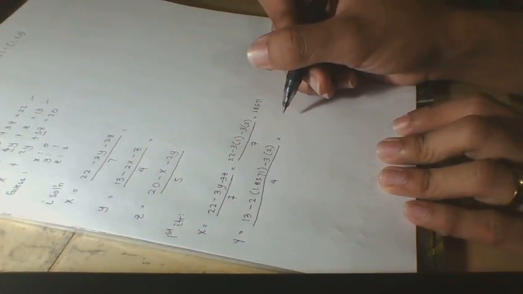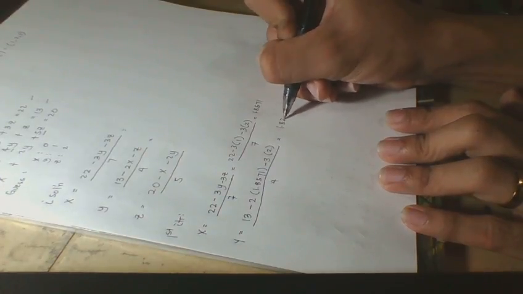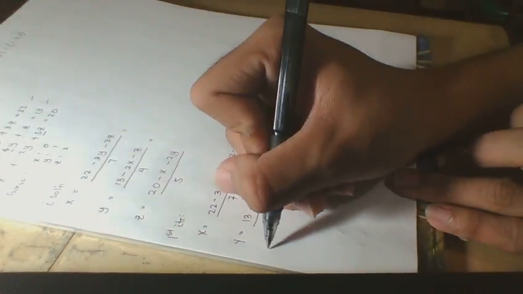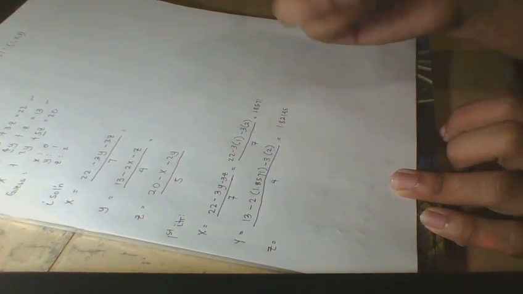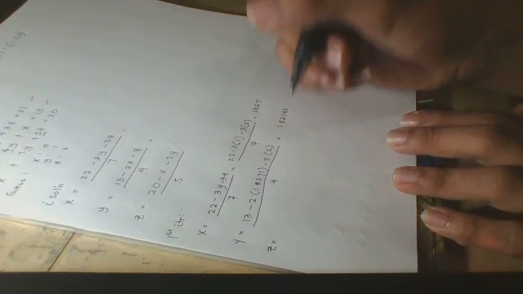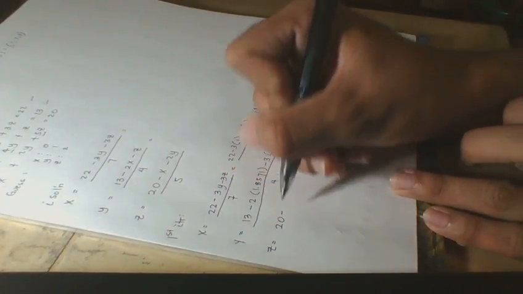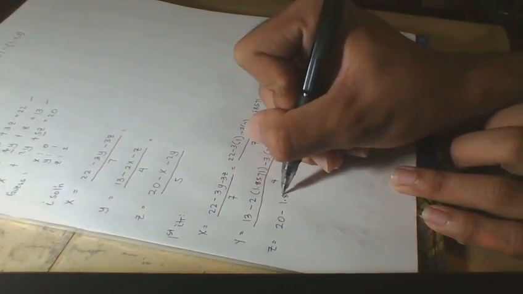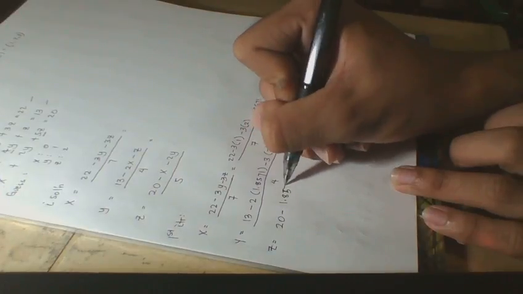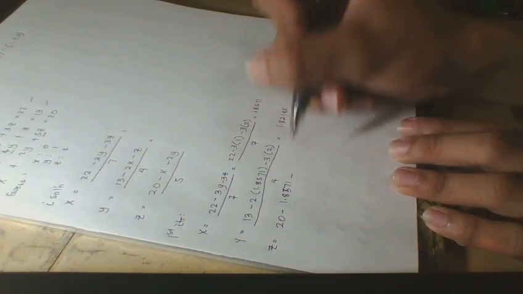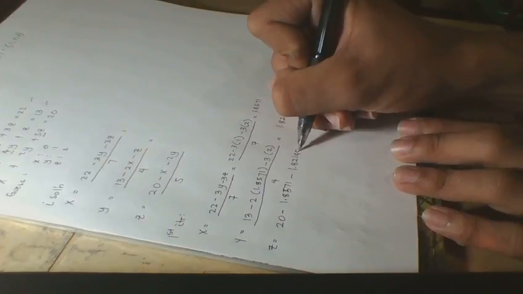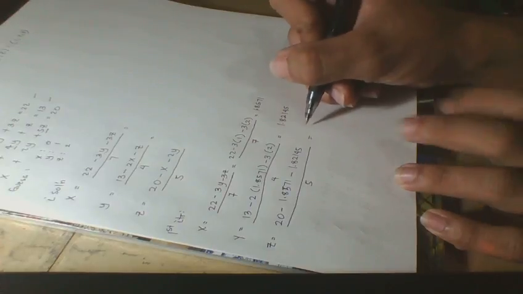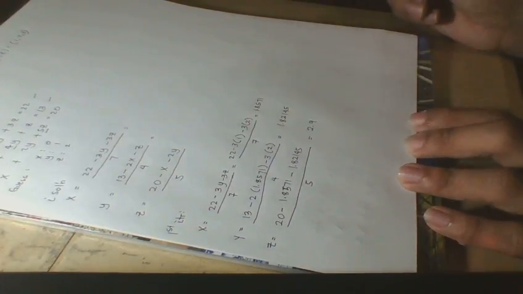What we will get here is 1.82145. Now for our z, again we will be using the updated values of x and y. So 20 minus x, which is 1.8571, and then minus 1.82145, which will be divided by 5, obtaining a value of 2.9.